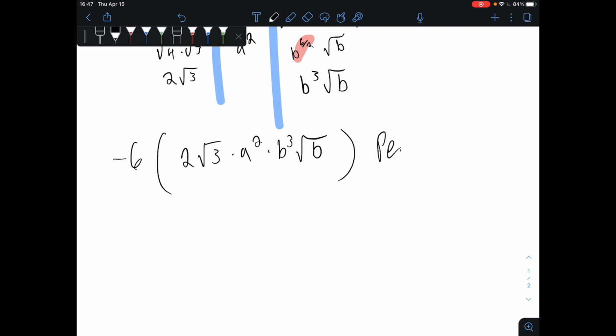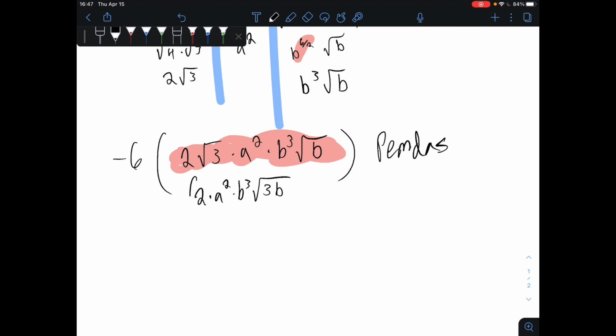So we have parentheses, so let's work out everything within the parentheses. Let's make sure that we consolidate everything underneath our radical. So we have 2 times a squared times b cubed square root of 3b. And from there, our parentheses are done.